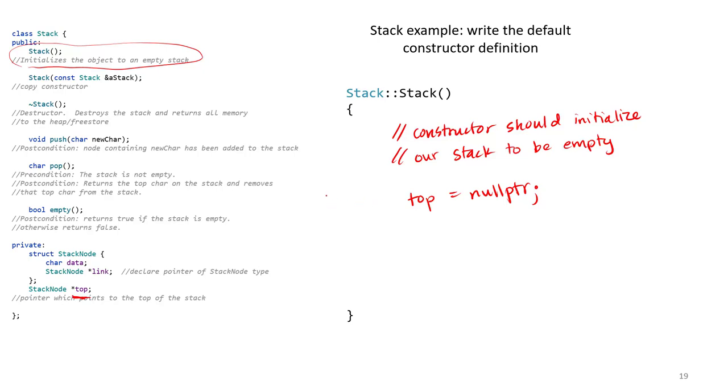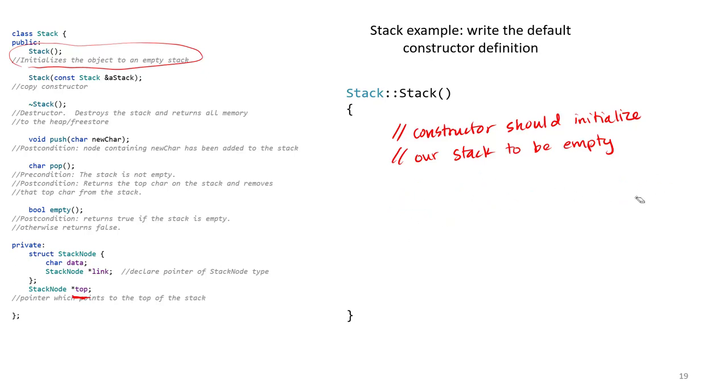Also notice we do not redeclare top here, so we do not say, for example, stack node star top points at null pointer. Remember, that's not correct. We do not need to redeclare our top pointer.